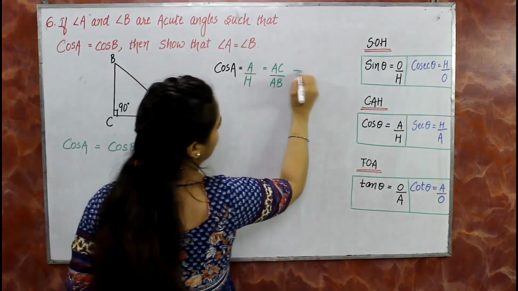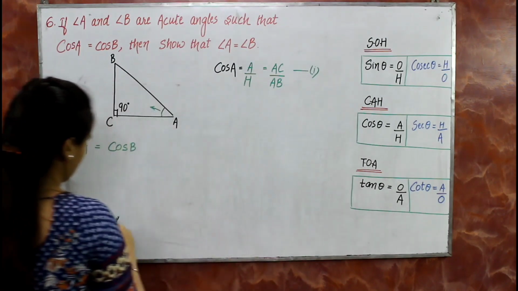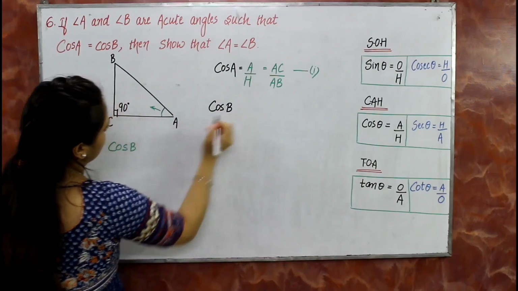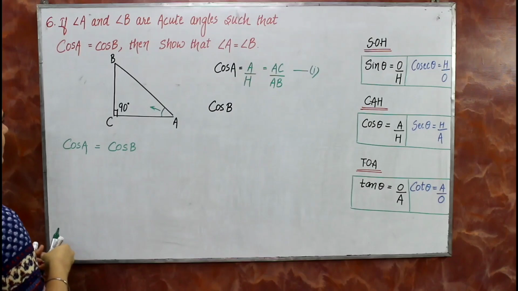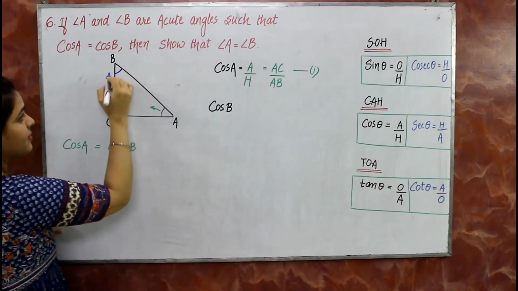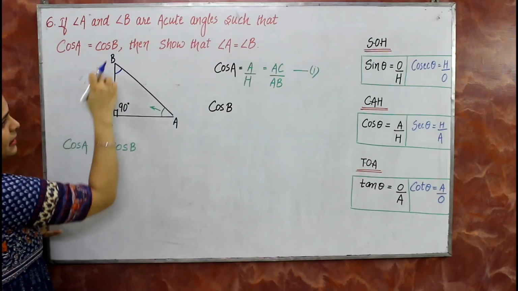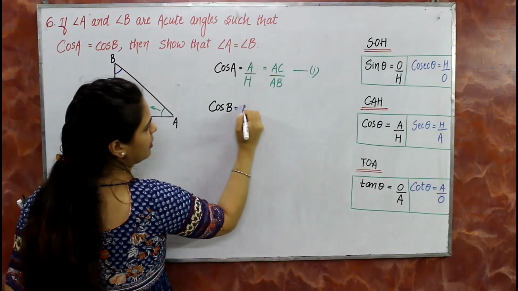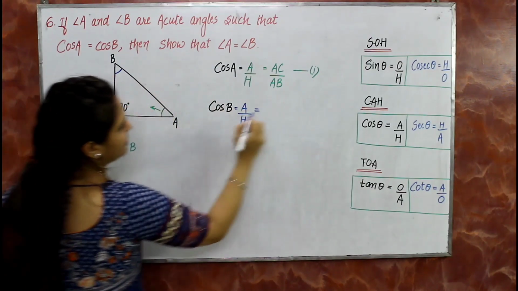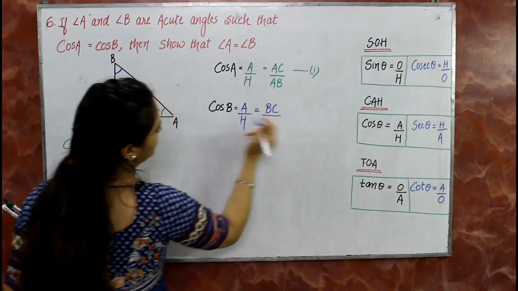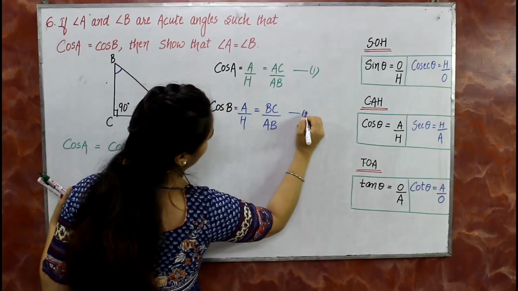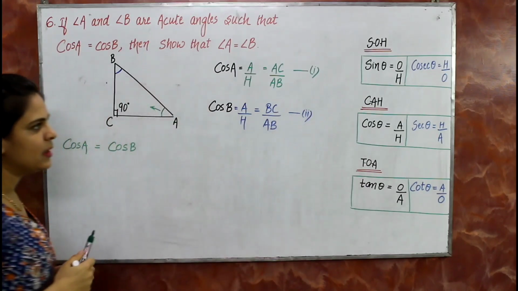So let's say this is our equation number 1. Next you will find the value of cos B. This time we are interested in angle B. So in this case, BC is adjacent side. Formula is same, adjacent upon hypotenuse, and BC is adjacent side and hypotenuse is AB. Let's say this is your equation number 2.